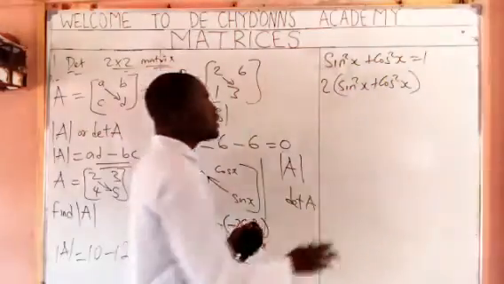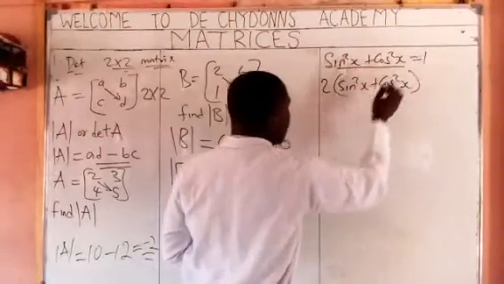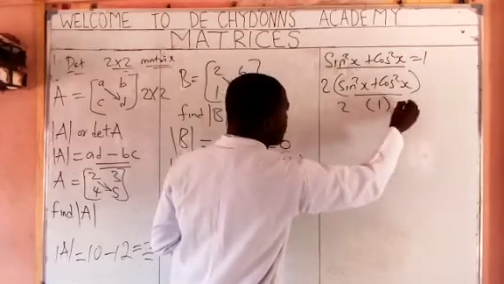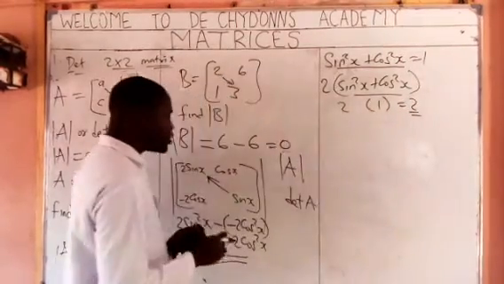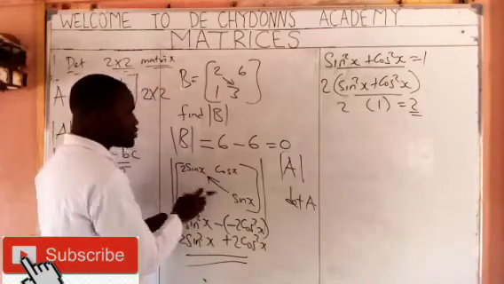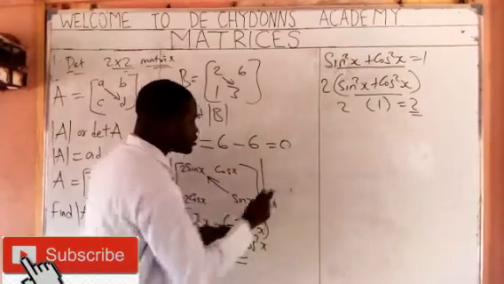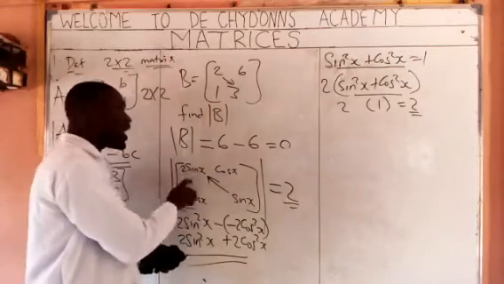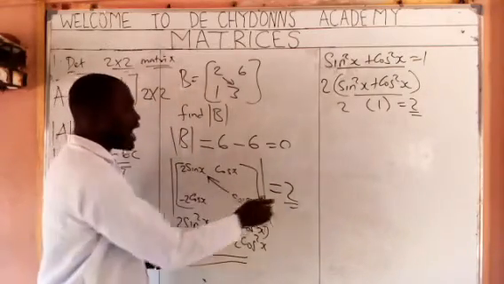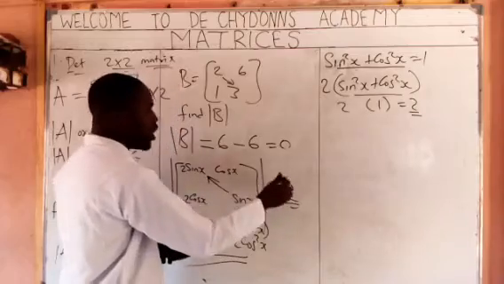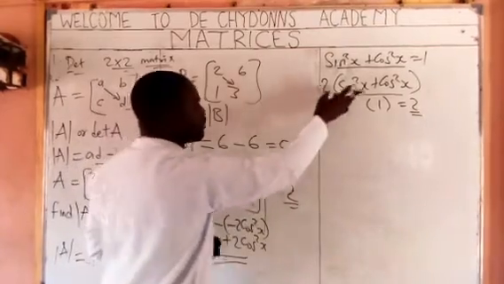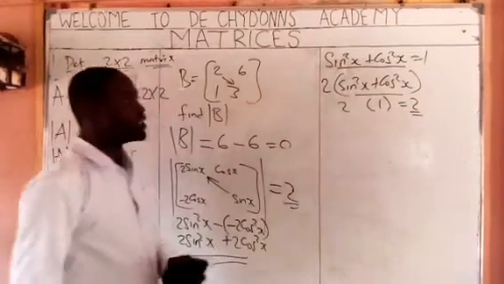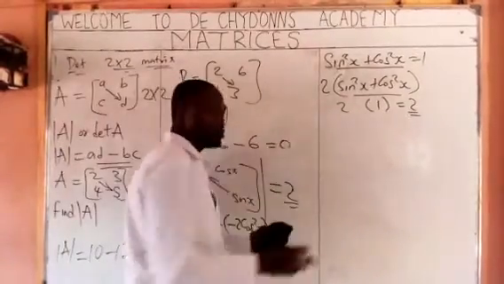Since this gives you 1, the totality of this is 1. So 2 times 1 will be 2. That tells you that the determinant of this matrix is simply 2. Irrespective of the sin and cos, the answer for the matrix is 2, following the formula in trigonometry and the right packaging.